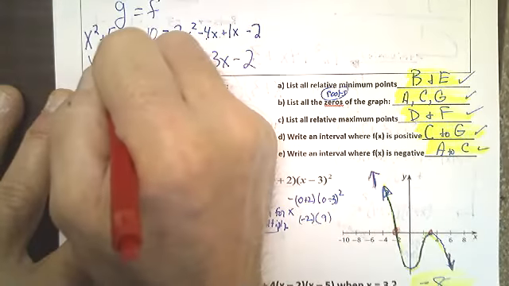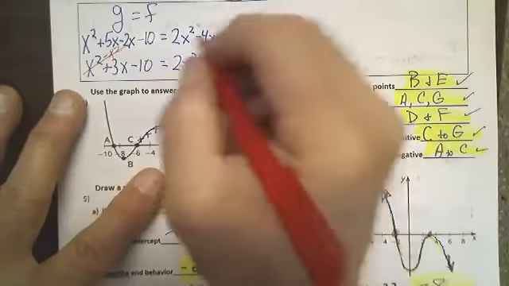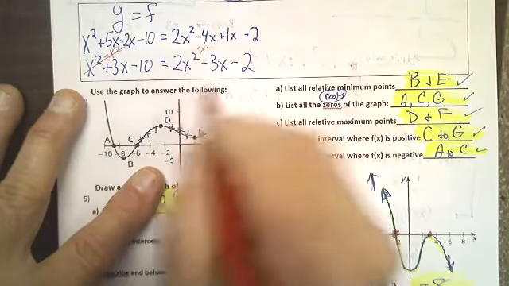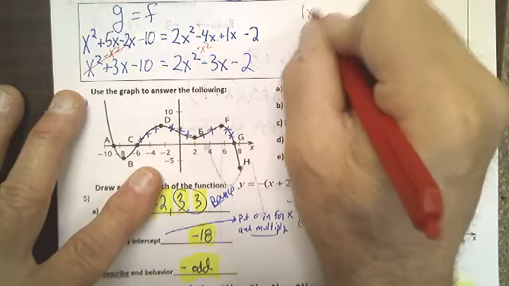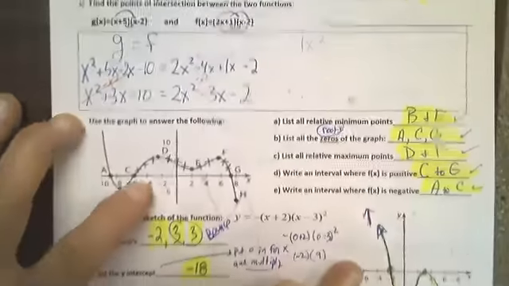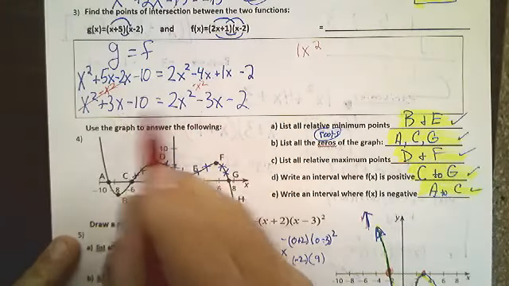What we're going to do is subtract that one and subtract it over there. So 2x squared minus x squared is 1x squared.